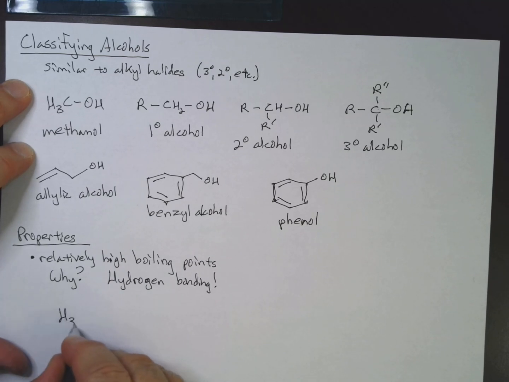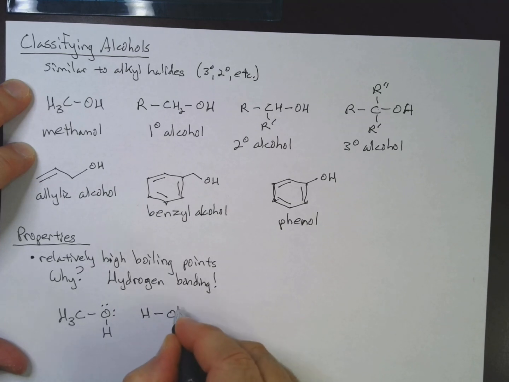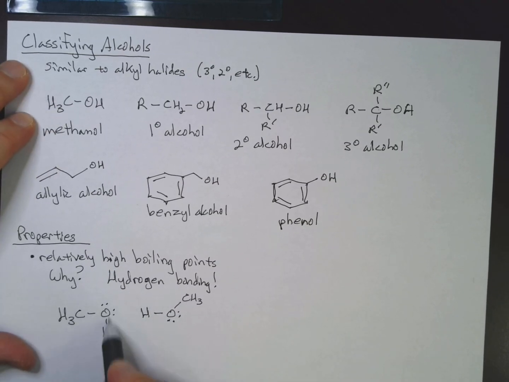So if I had methanol, remember our carbon-oxygen bond is polar and the hydrogen-oxygen bond is polar. So there's a partial negative charge on the oxygen, partial positive charge on the hydrogen and on the carbon. And we can actually get the hydrogen of another methanol, remember that's partially positive, that's kind of shared in between the two oxygens.